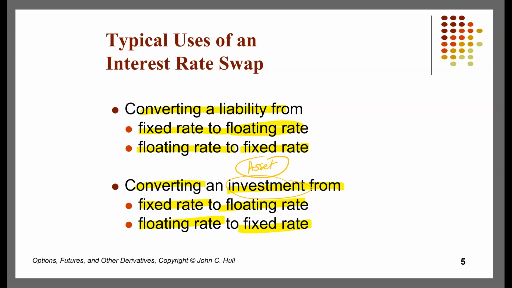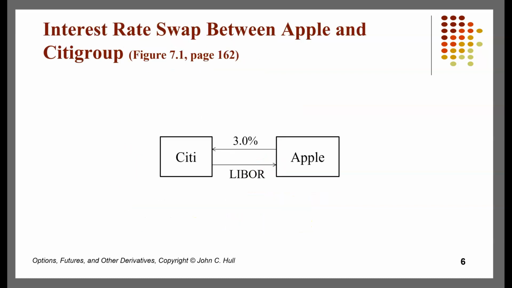The idea is to convert a liability or an asset from a variable or floating rate to a fixed rate, or vice versa. An example that we had here is a company like Apple that has a loan that is, in this case, LIBOR plus X%, and they don't want to be paying LIBOR plus X%, they want to be paying a fixed rate.